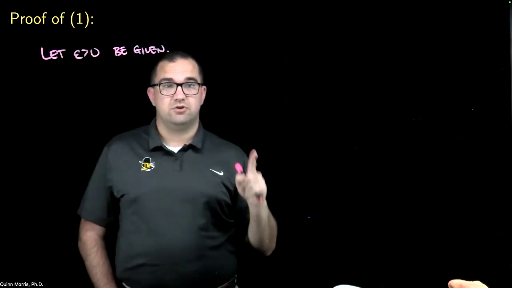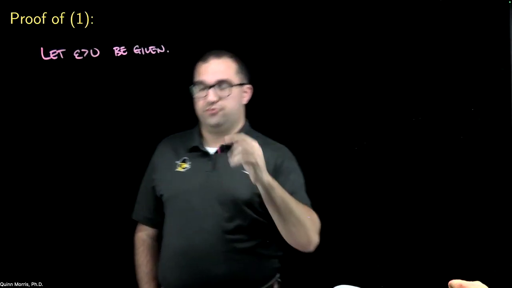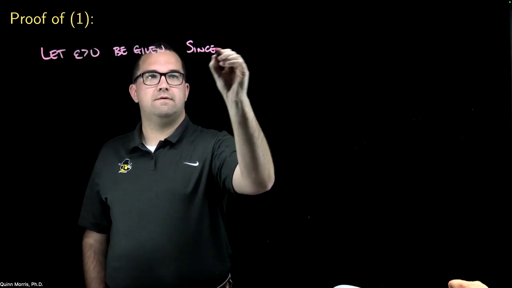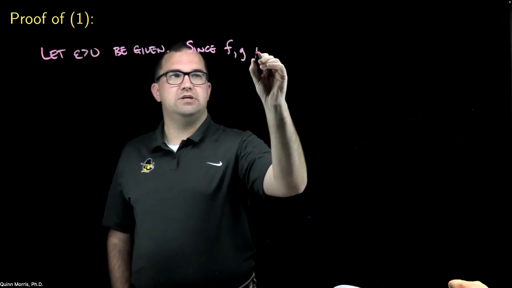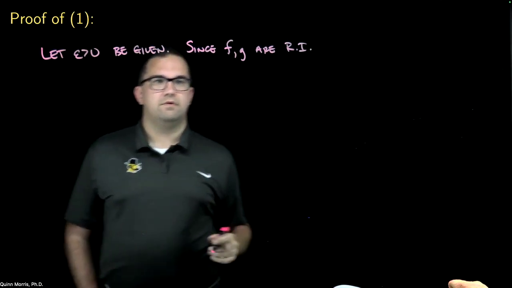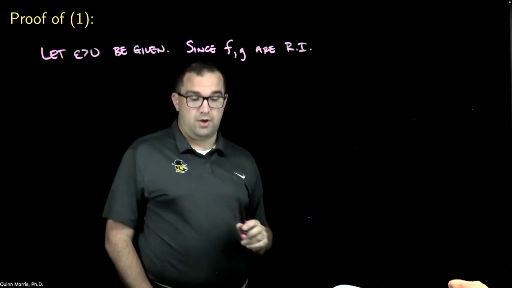Now we know that our functions f and g are Riemann integrable. And so since f and g are, and I'm going to use this RI to just stand for Riemann integrable.